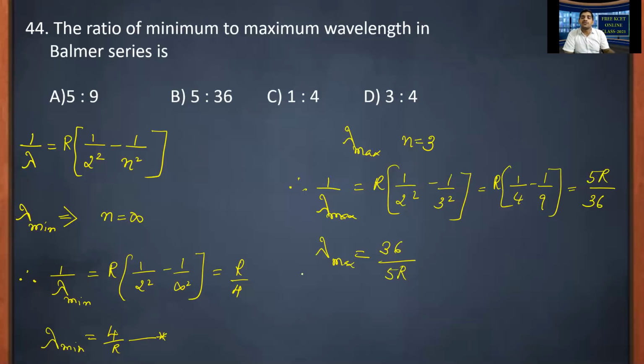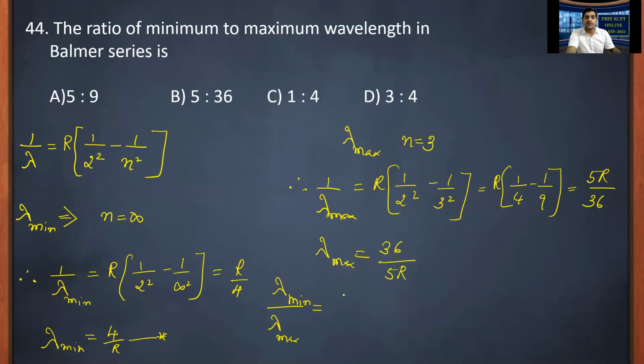Now you take the ratio of these two. What is the ratio of lambda minimum to lambda maximum?